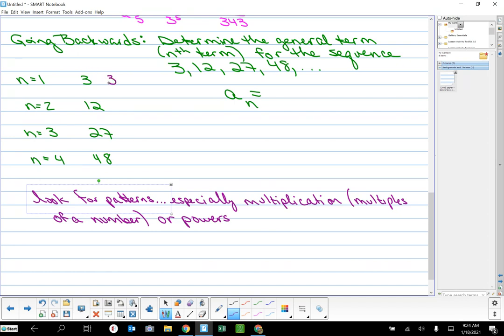So this is 3, this is 3 times 4, this is 3 times 9, and this is 3 times 16. So I guess this is 3 times 1. That's one way to look at it. So if I can pull a 3 out of all of these, this is a number that would come first in my nth term, and I can write 3 times something. Then I have to figure out how I can write these numbers in terms of n.